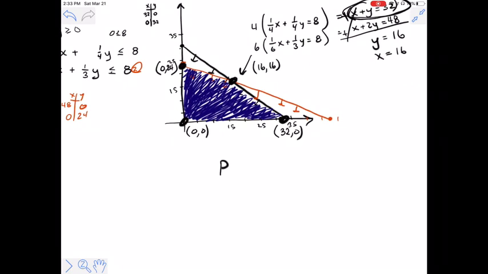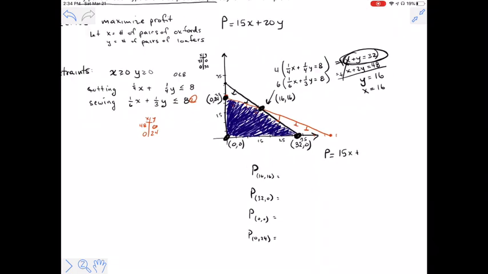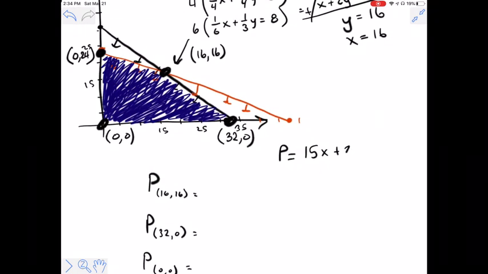Now what's left is step 3, plugging in each one of those coordinates into the objective function P to figure out the maximum profit. So the objective function, remember, P was $15 per pair of Oxfords, and I think it was $20 per loafer.